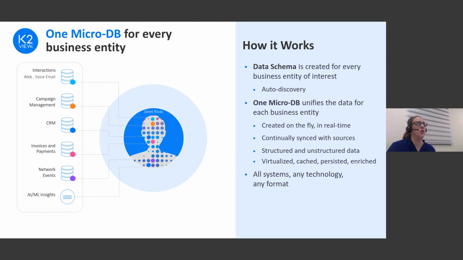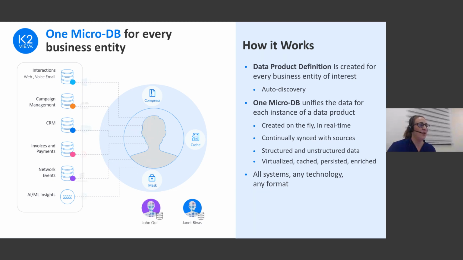So the K2View solution, K2View Fabric, actually extracts and gathers all the relevant information on each entity. So for Janet Rivas, we take the relevant data from all relevant systems, and Fabric creates a separate micro database. This is actually a physical data lake on each entity, on each customer in this example. So here we see Janet Rivas: one customer, one micro database.